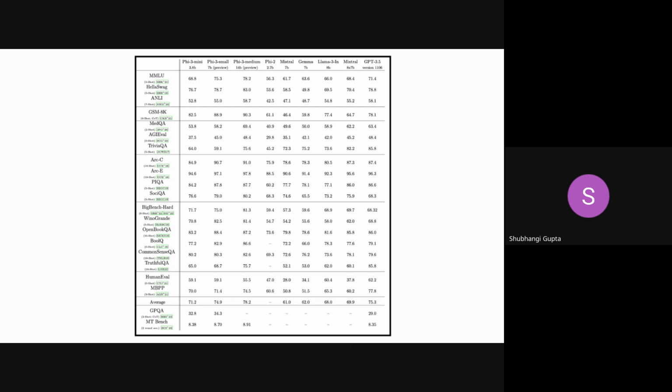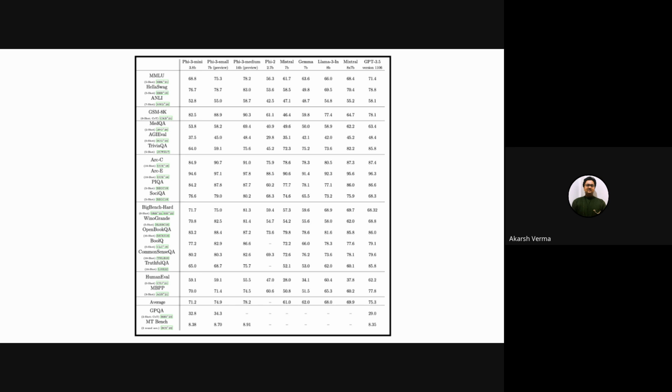Like MMLU, it is performing 68.8, and on GSM it is basically outperforming. These are the different numbers written in the document. Next, please.